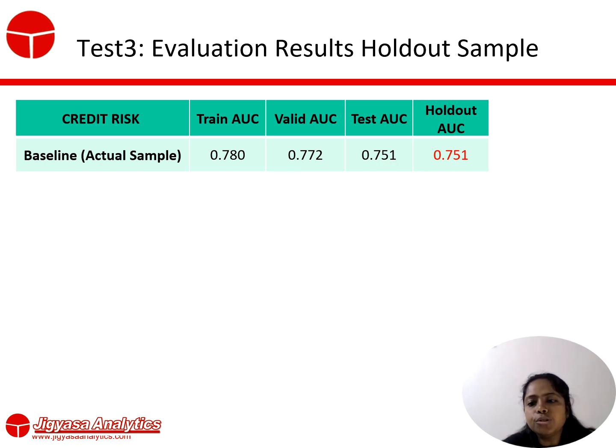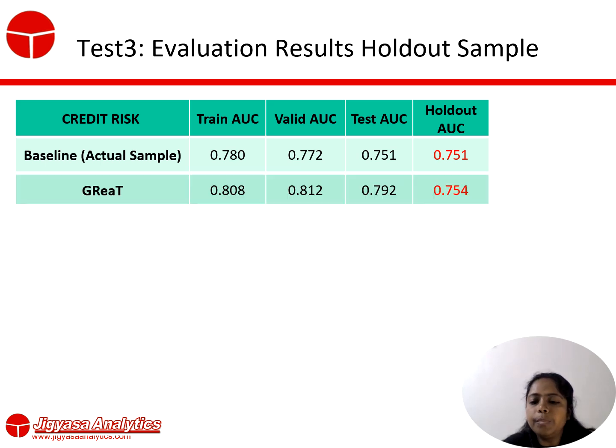The second row shows the AUC from the model built on GReaT synthetic sample. After building a model, we scored the model on holdout sample that we had kept aside, and we got the AUC of 0.754. The third row in the table shows the AUC from the model built on REaLTabFormer synthetic sample.